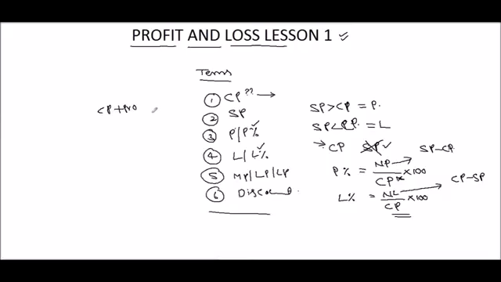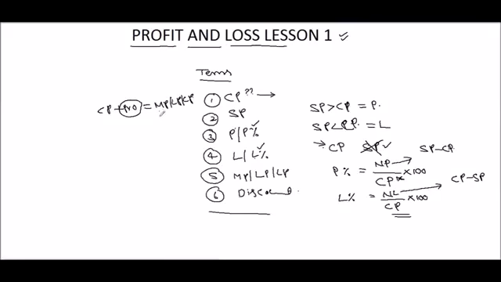Before fixing the selling price, he adds some profit and he labels or marks it on the product. This is called cost price plus the intended profit initially, which should be taken as the market price or list price or labeled price.